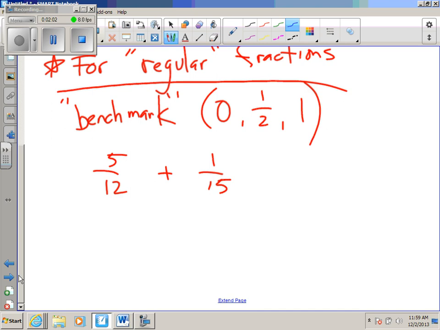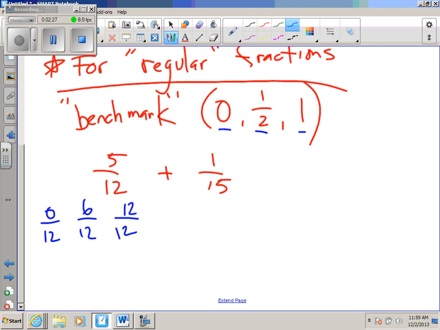Now for 5/12, think of what you have for twelfths. How many 12s would equal 0 as your benchmark 0? Chris? 0. How many 12s would equal half? Chris? And how many would equal 1 whole?